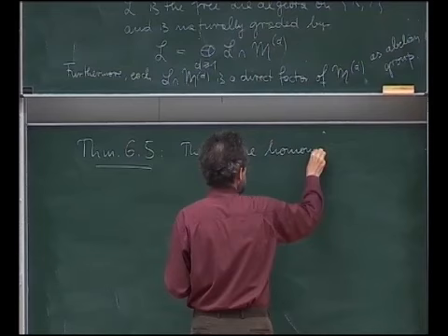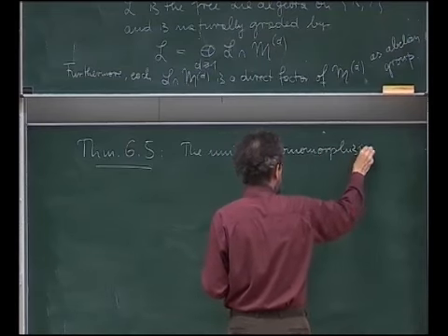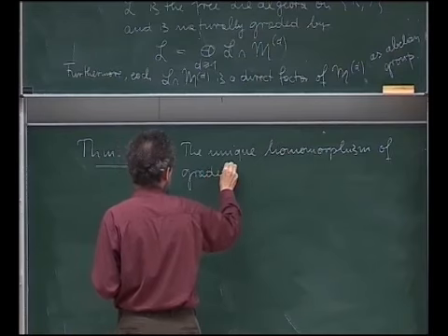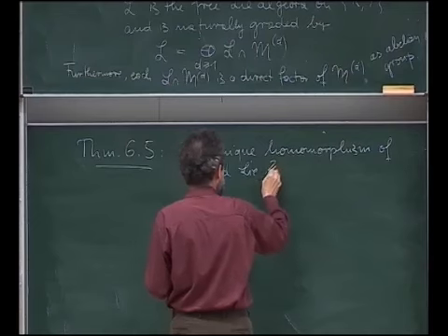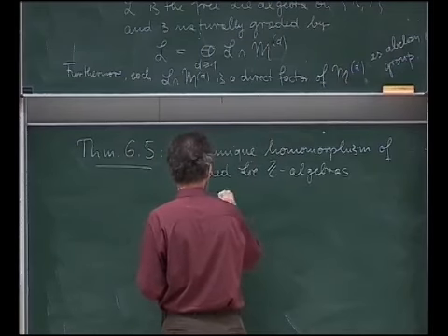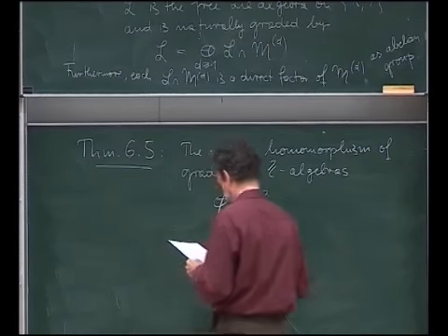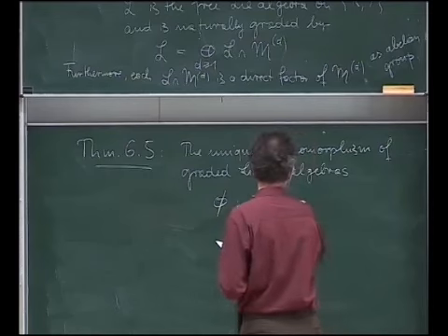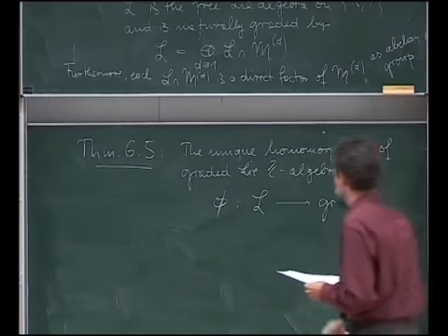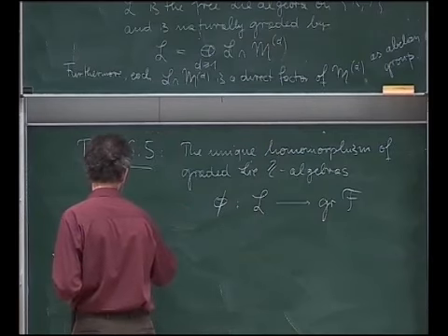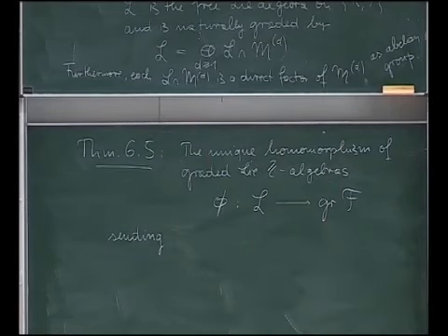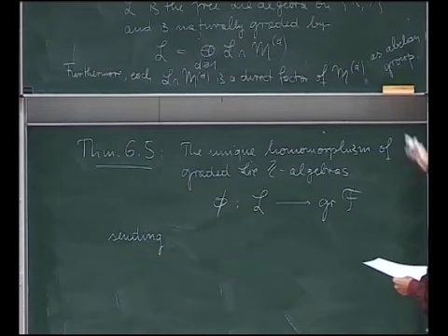With which I finish for today. The unique homomorphism of graded Lie algebras from, say, phi from L, I need this notation later, that's why I need to give this a name, to gr F, sending x and y somewhere.